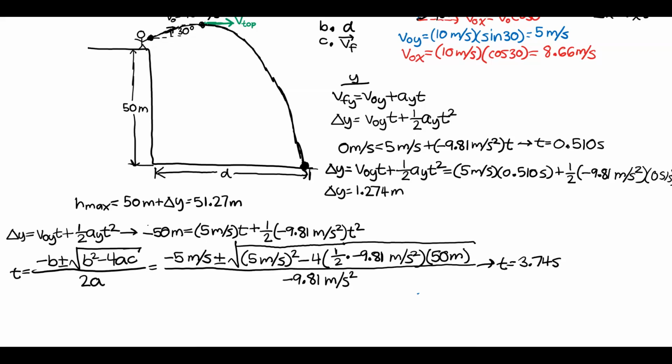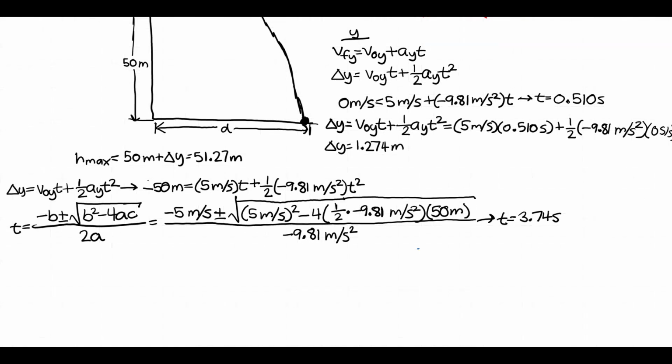Now, because the time is the same for both the y direction and the x direction, we can use the same time in our x equation. Delta x, which is d, is equal to vx t. And now we finally use the vx we calculated: 8.66 meters per second times 3.74 seconds.